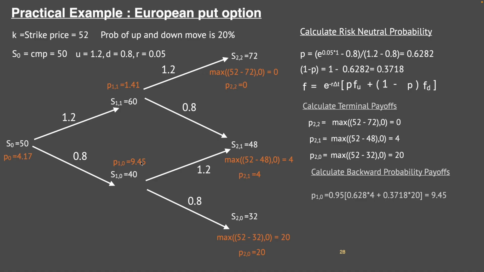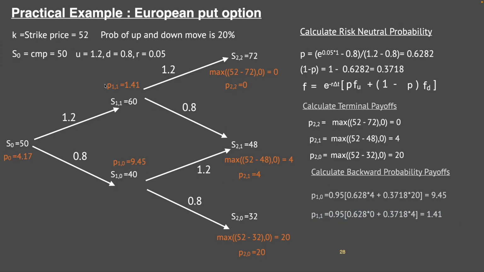So for P10, when we move backward from here, we have e to the power of minus R delta T. This is the formula we are using to calculate the option value at this node, F10. So what is the formula used? Backward probability payoff: 0.95, that is e to the power of minus R into delta T, into 0.628 into 4 plus 0.3718 into 20, which is equal to 9.45.